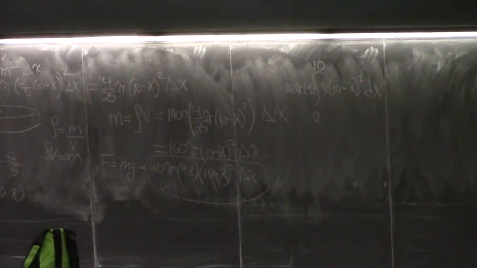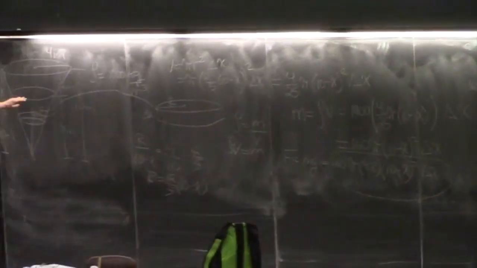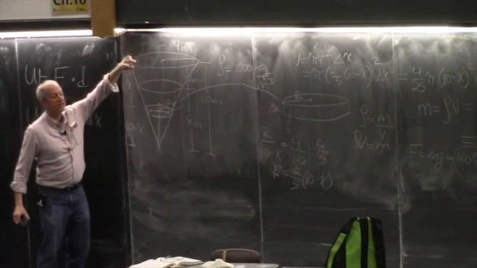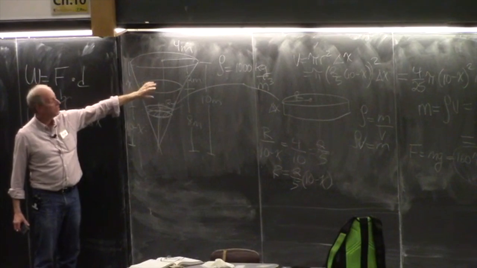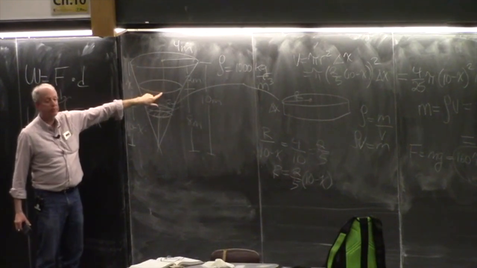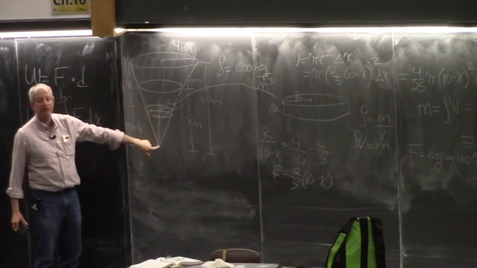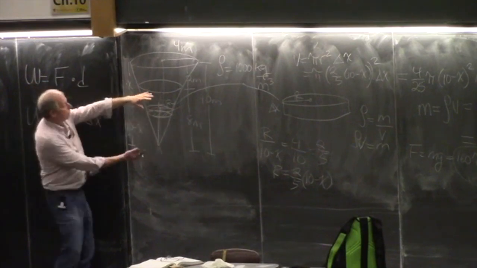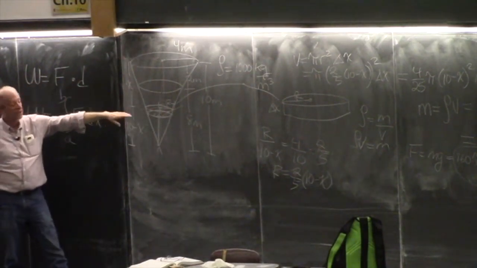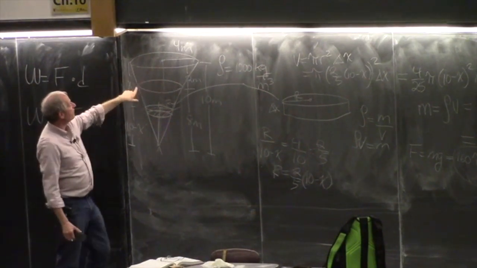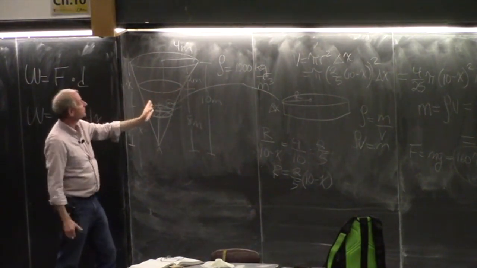Go ahead, question. Why is it 2 to 10? Okay. The top of the water still has to get pumped out of the tank. The top of the water is 2 meters from the top of the tank, so this water gets pumped 2 meters. The water at the bottom gets pumped 10 meters. The whole thing has to get lifted. Even if you just pump that very thin surface, it still gets lifted 2 meters.